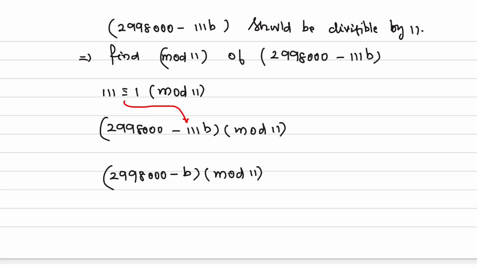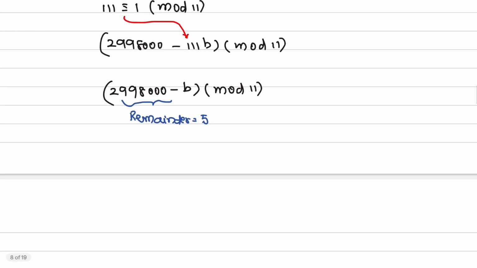When 2998,000 is divided by 11, what happens? 5 will be the remainder. Here the remainder is 5. The small arithmetic problems, you please handle.